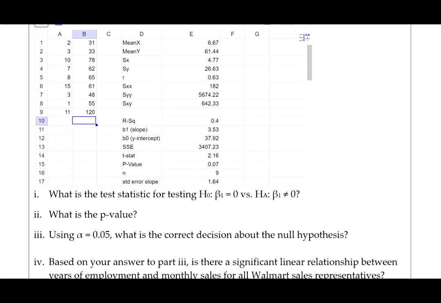What is the test statistic for testing H0: beta 1 equals 0 versus HA: beta 1 is not equal to 0? The values for the test statistic and p-value are listed right here. So our test statistic is t equals 2.16 and our p-value is 0.07.